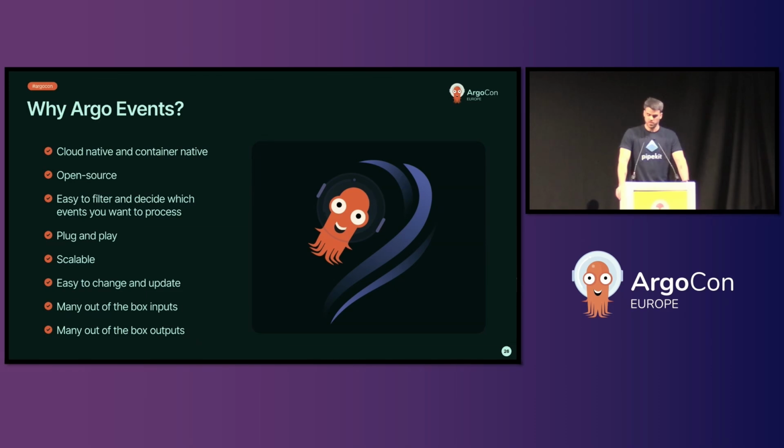So why Argo Events? As we saw here, Argo Events is great for event handling. It supports many sources and destinations. It's open source and container native. It's basically a plug-and-play system. It's not hard to scale and add different sources, and it's really easy to maintain. It supports basic filtering and discarding of events, and if you need something more complex, you can easily add a workflow that will do that for you.